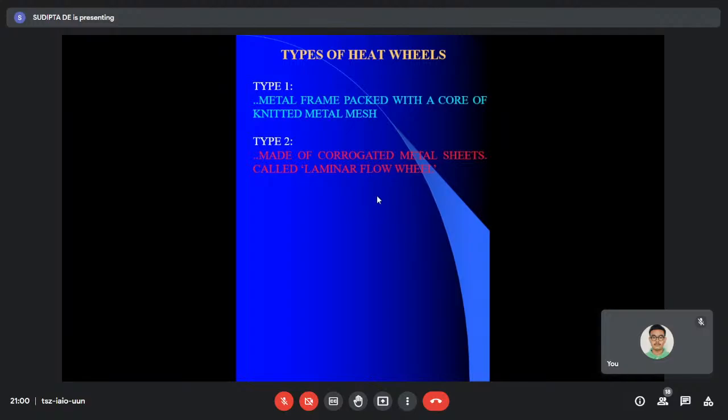Plus side is lesser contamination during the flow through this corrugated sheet. But there is a restriction with respect to the fluid flow condition. It will also provide sufficient resistance, and the flow type will be laminar flow.